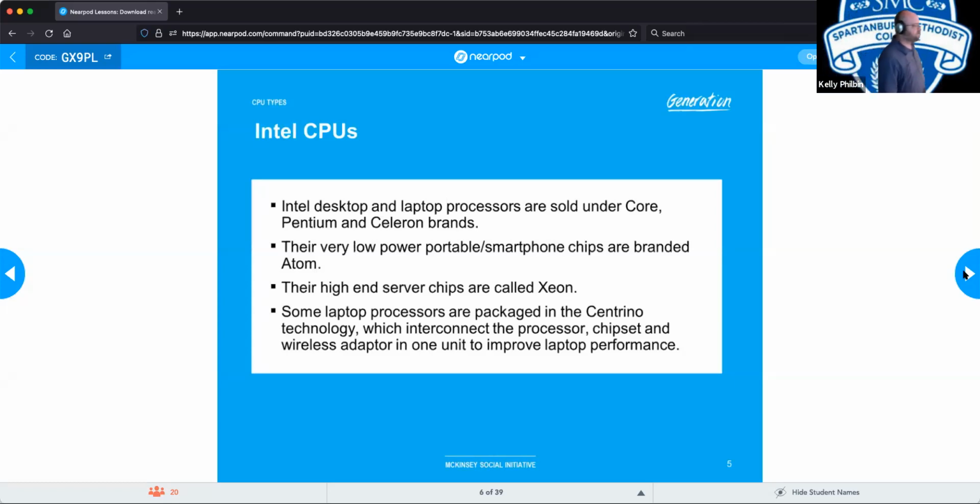Some of the laptops have the Centrino technology, which interconnects the processors, the chipsets, and the wireless adapters into one unit to improve performance, as we were talking about yesterday. Over time, they're trying to integrate more and more into the CPU, because the closer that stuff is physically to the center of the processor, the faster that processor can react to information from it.